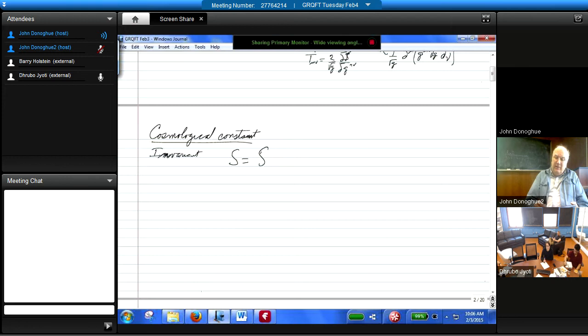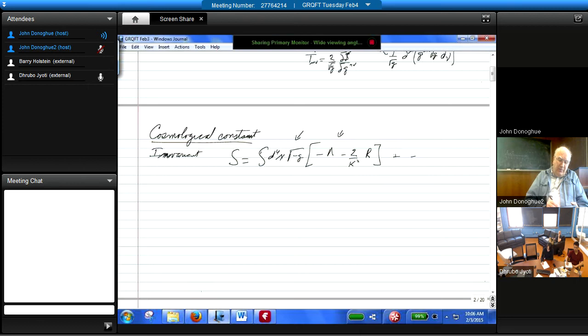We could have the action being integral d^4x square root of minus g, minus lambda minus 2 over kappa squared R, plus the matter piece. The volume element is invariant. A constant is obviously an invariant. So this is perfectly good also.